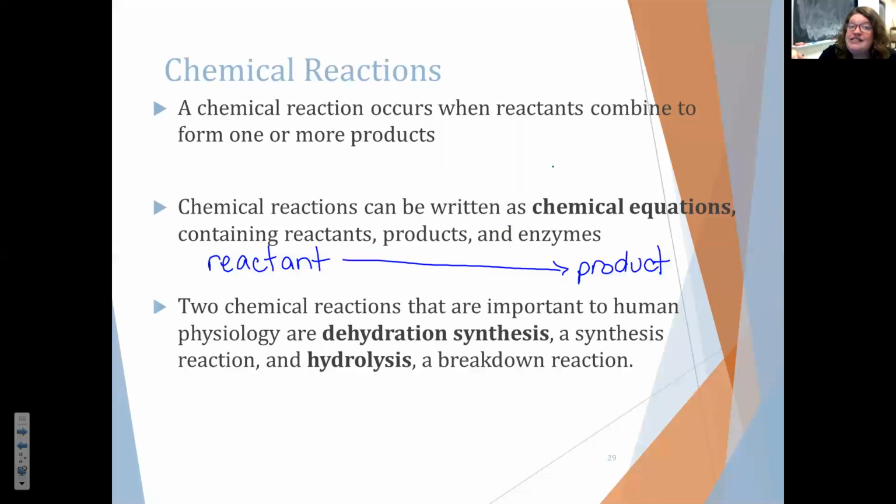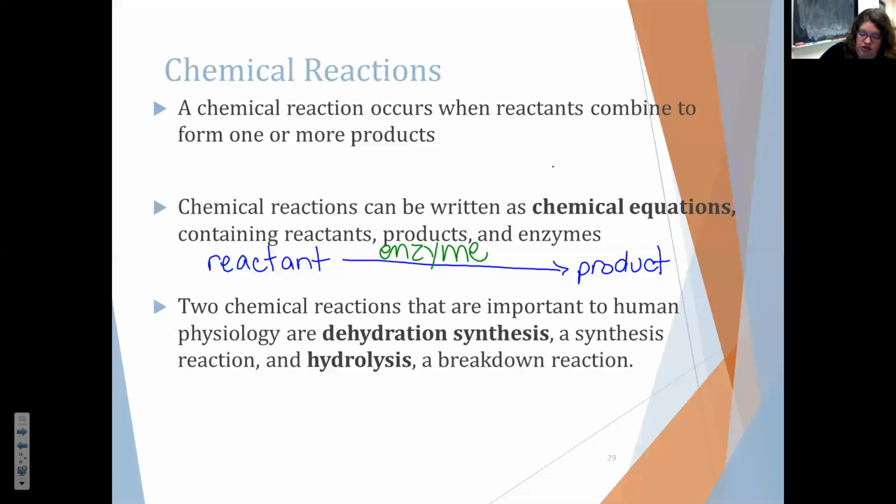And if there is an enzyme that catalyzes this reaction, the name of the enzyme is written above the arrow. The enzyme isn't really a reactant and it isn't really a product, but it participates in that chemical reaction. And then the 2 that we're going to talk about are dehydration synthesis and hydrolysis.